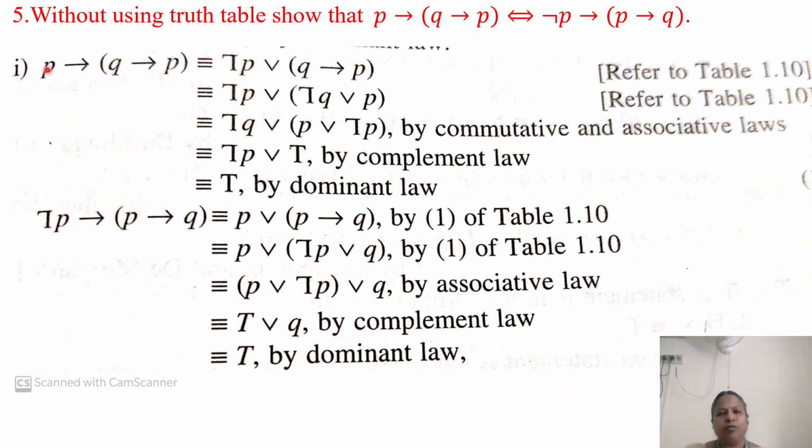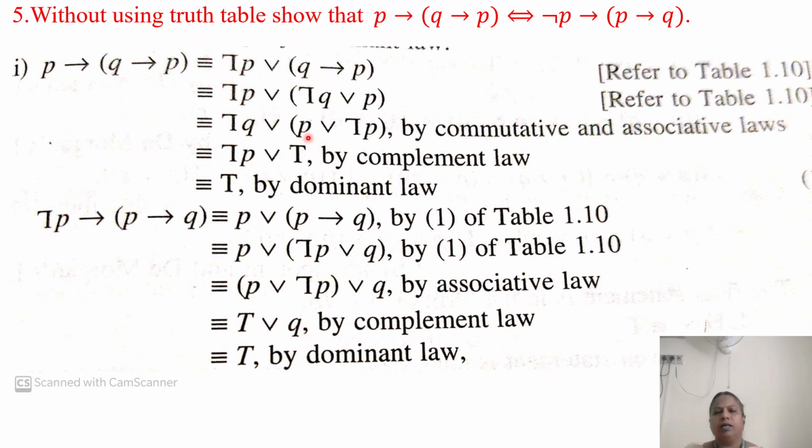Therefore, first we apply the formula for the first term, negation P or Q conditional P. For the second conditional statement, again apply the formula, negation Q or P. Now we apply the commutative and associative laws: negation P or negation Q or P. We apply the commutative law so that we get negation Q or P or negation P by commutative and associative laws.